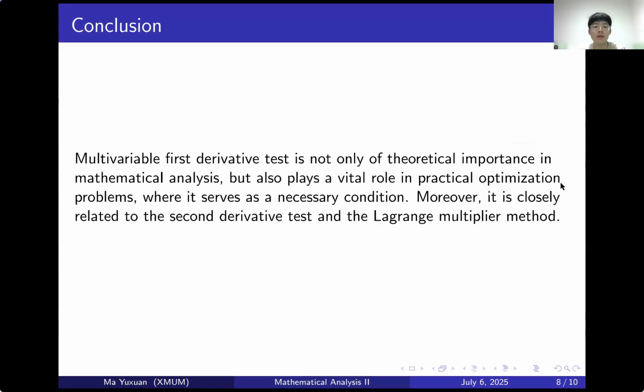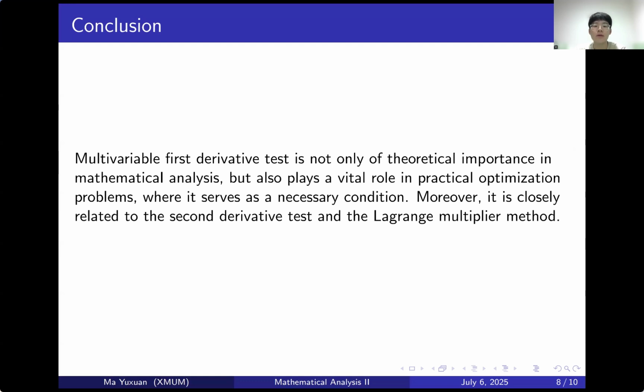At the end of the video, let's make a summary. The multivariable first derivative test is not only of theoretical importance in mathematical analysis, but also plays a vital role in practical optimization problems, where it serves as a necessary condition.